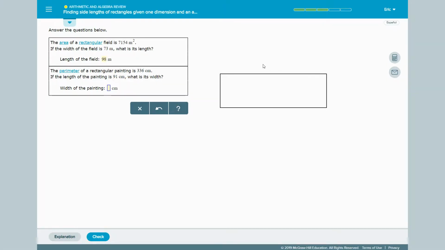There is the length. Oops, I keep doing rectangles. There is the length, which is the same on the other side, and the width. So perimeter would naturally just be length plus width plus length plus width.